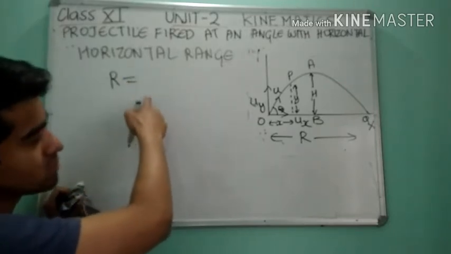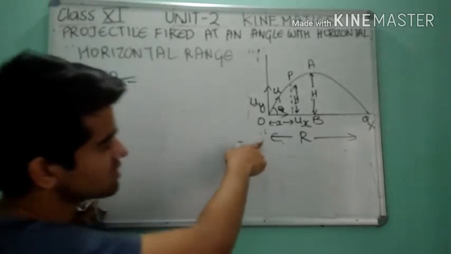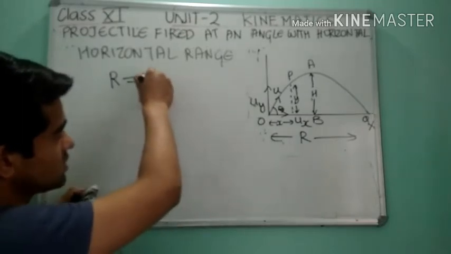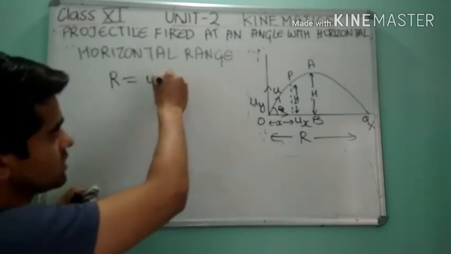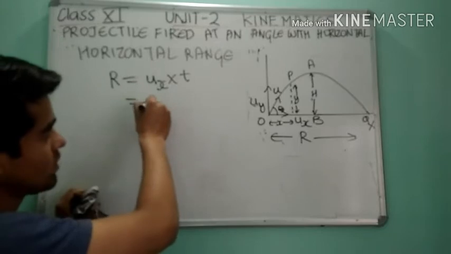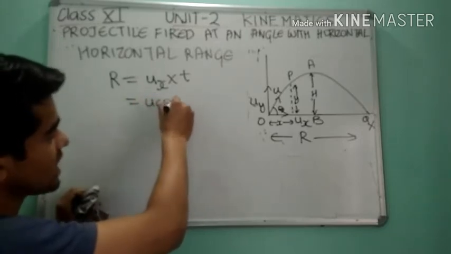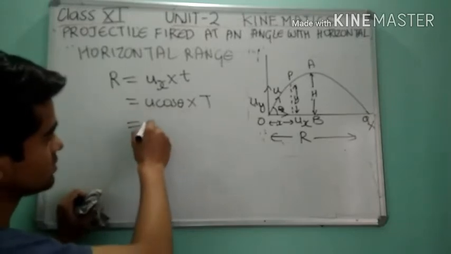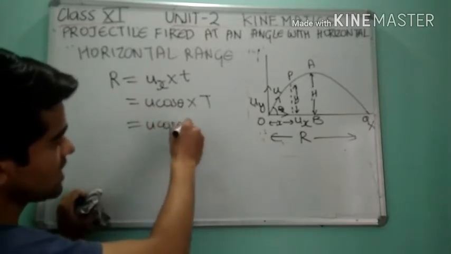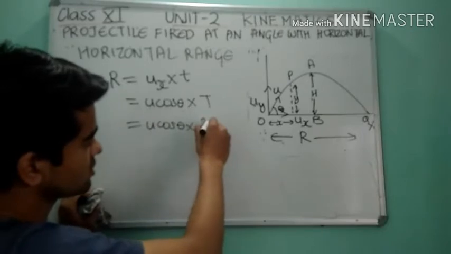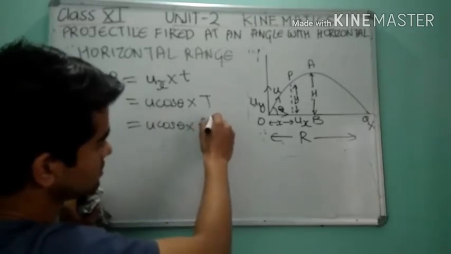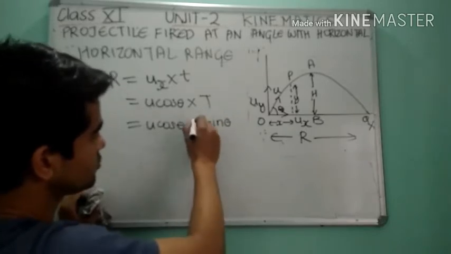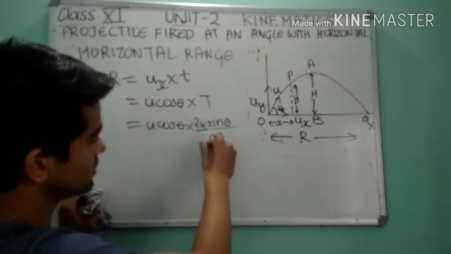So R is equal to the initial velocity along the horizontal, ux, into T. ux is u cos theta and time is T, which is 2u sine theta upon g.